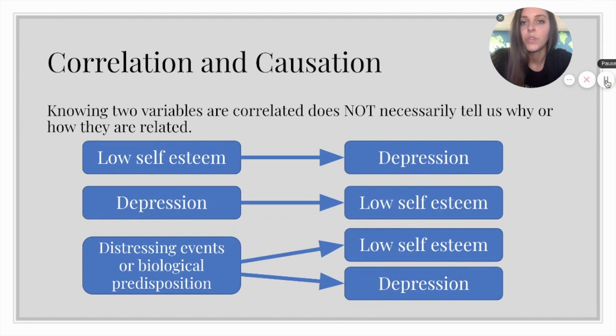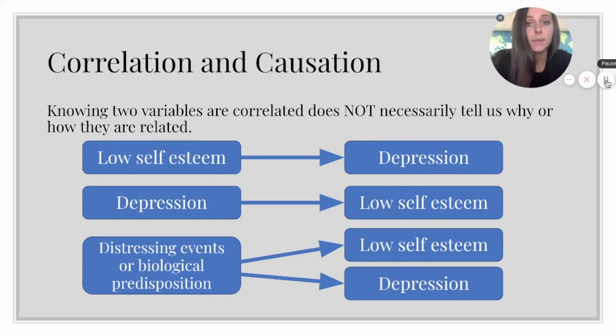Now, you cannot say that two variables by themselves cause each other if we're looking at their relationship. So let's look at an example. If you have two variables, let's take low self-esteem and depression. Someone might come to you and say, well, low self-esteem causes depression.